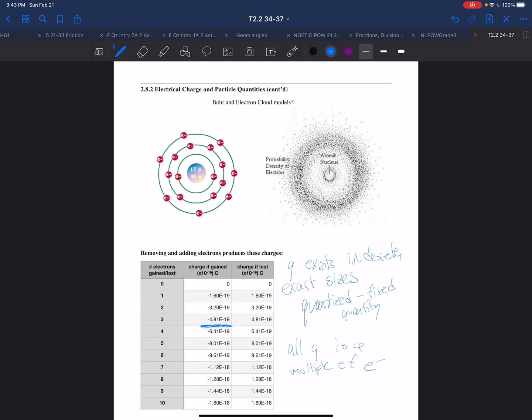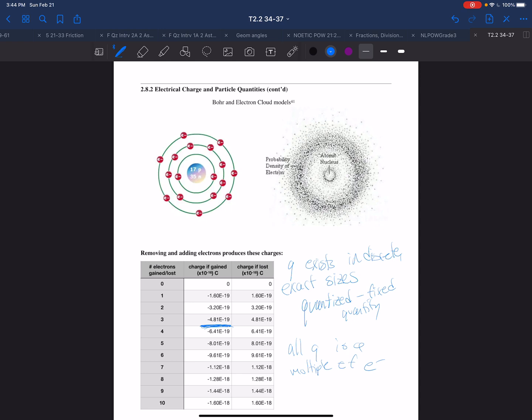And so this is where, when we get down to the smaller scale, and we've seen this a couple times more in the course, the universe starts to behave differently when we get down at an atomic or subatomic scale. At the subatomic scale, things become quantized. They become discrete.